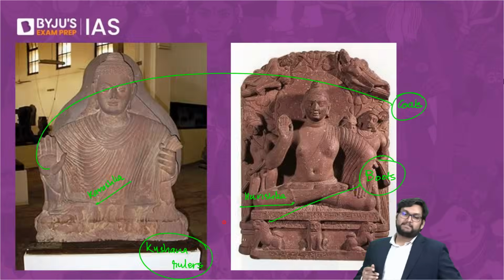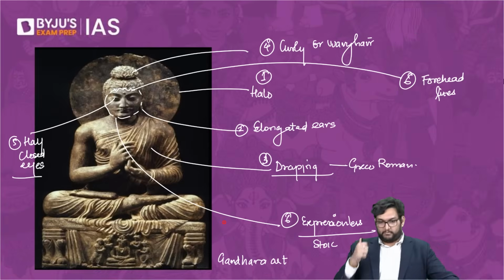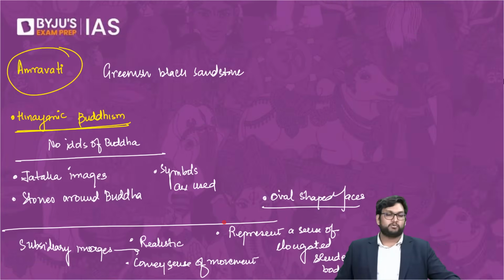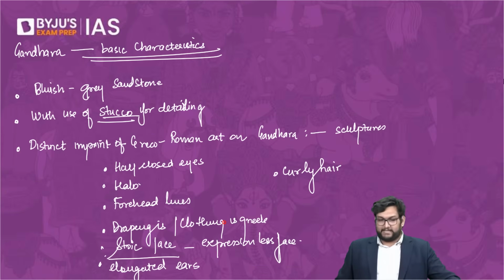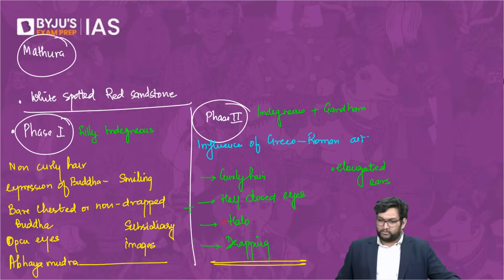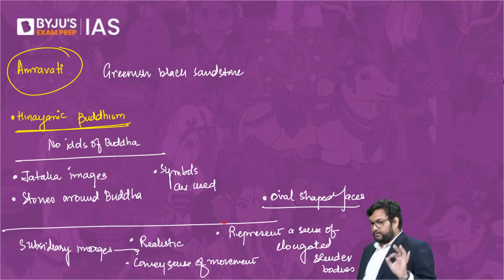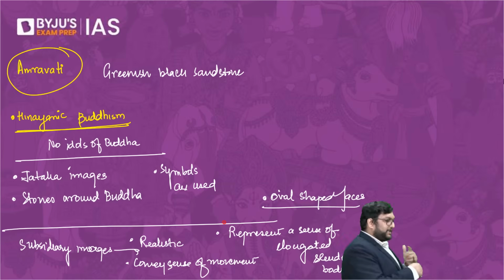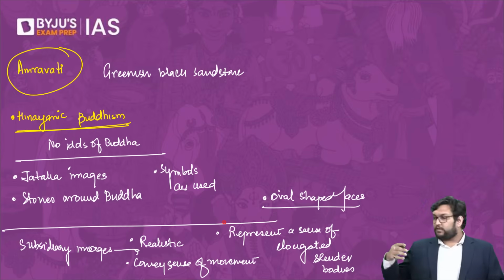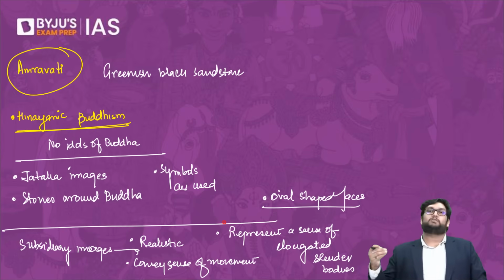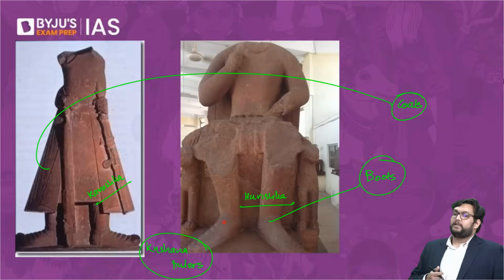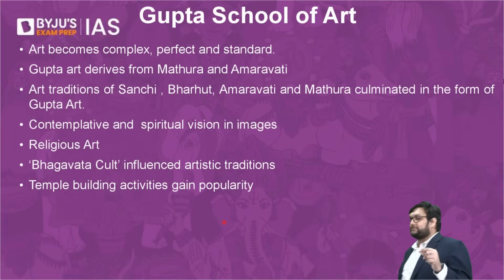Now, we have discussed the three main schools: Gandhara, Amravati, and Mathura. Anybody has any issue here? What makes Gandhara Gandhara? What makes Mathura Mathura, which is phase 1, phase 2? And what makes Amravati Amravati? Schools clear? Perfect. Now, in the Gupta period, they all start to consolidate into what is called the Gupta school.